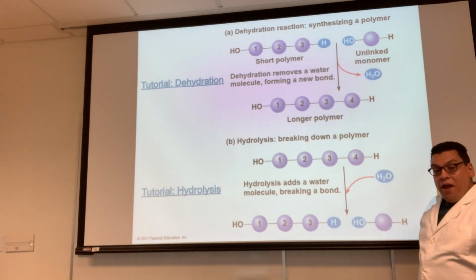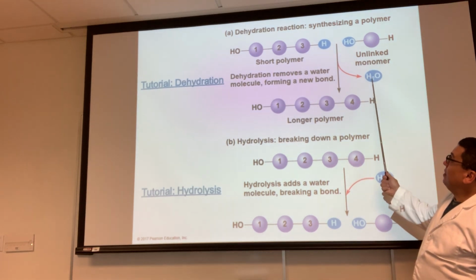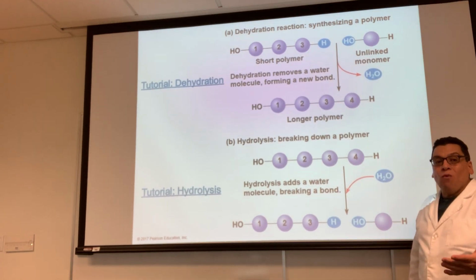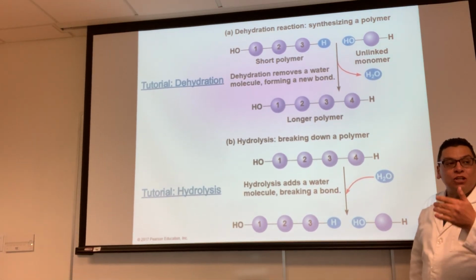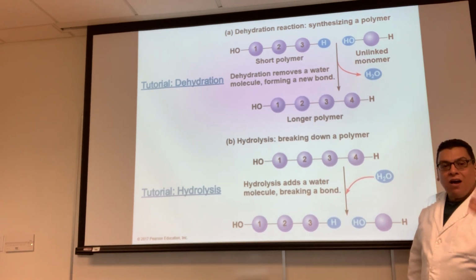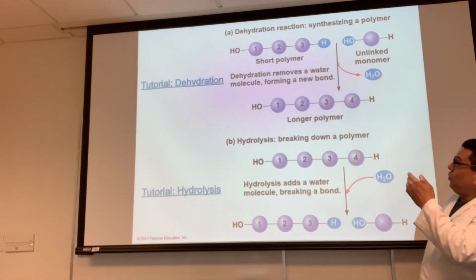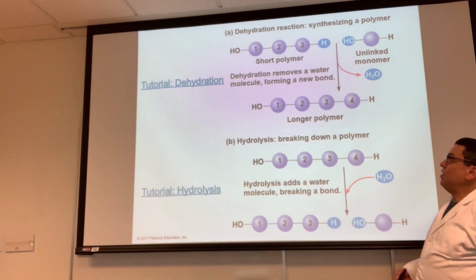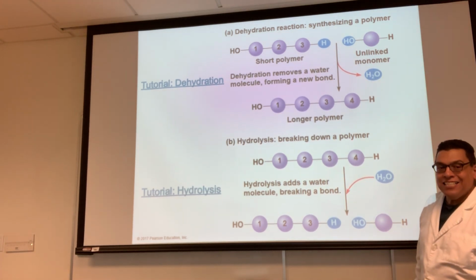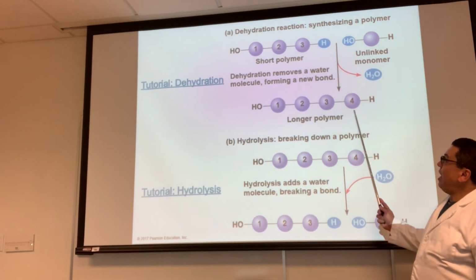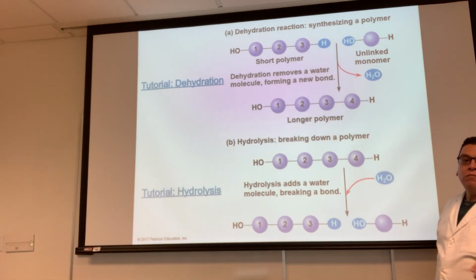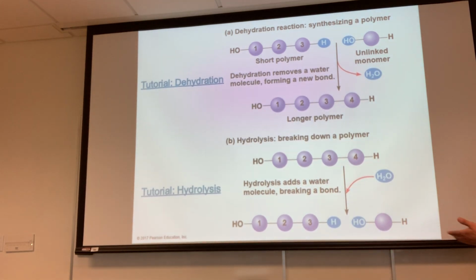Take the hydrogen, take the OH, release it as H2O. Because you're losing water, it is called dehydration, right? Or condensation. But you're doing it to make something. So it's called dehydration synthesis or reaction. Because now you made this polymer. You went from 3 to 4.